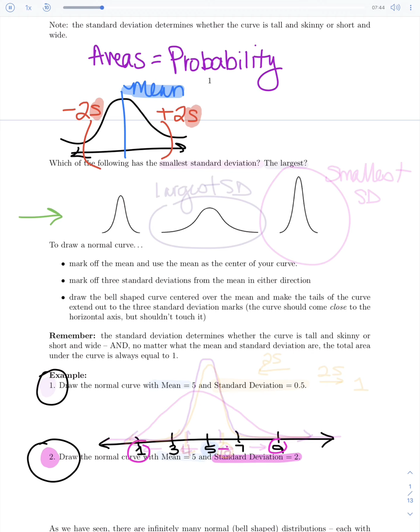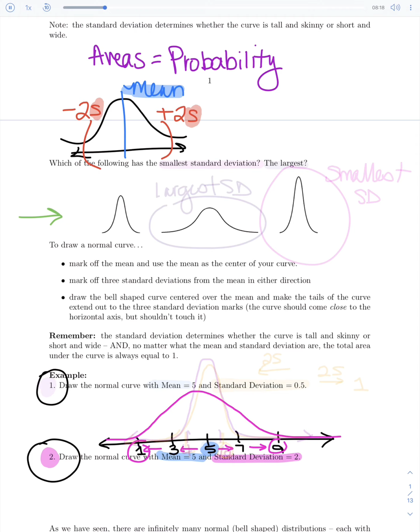Adding 1 standard deviation would be 7, adding 2 would be 9, subtracting 1 standard deviation would give me 3, subtracting 2 would give me all the way out to 1, where my mean, which is 5, is here in the middle. So to draw my bell curve appropriately, the majority of it should be in between the 1 and the 9, because that's 2 standard deviations within my mean.